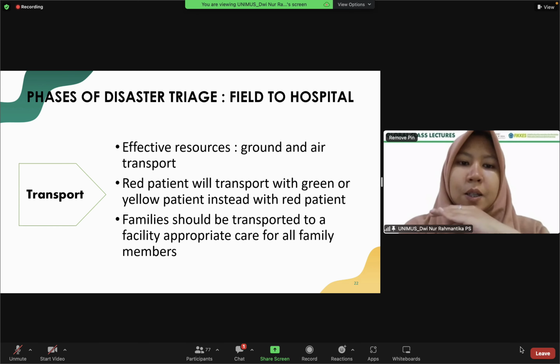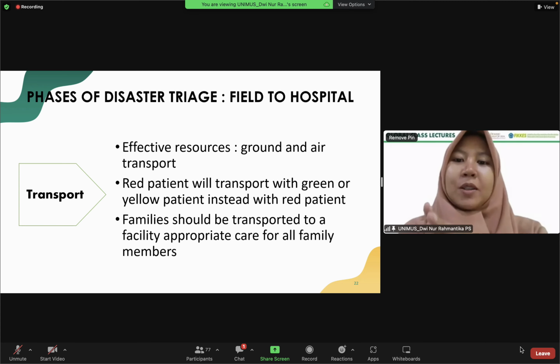And a red patient will not be transported with another red one. So in the transport, you should make a pairing. A red patient will be paired with a green or yellow one. It's not red and red.